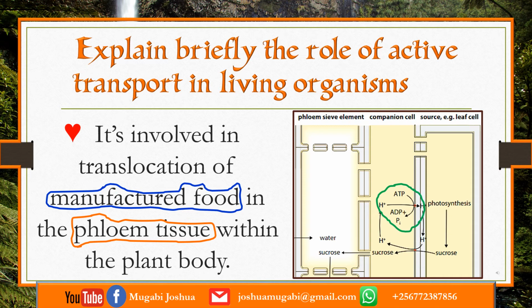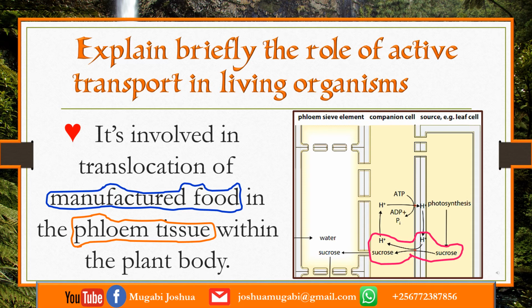So when we push those hydrogen ions into the cell wall, their concentration is going to increase in the cell wall. And as they increase in the cell wall, then in our source, or the leaf where photosynthesis is taking place, it is now going to attract or absorb glucose.